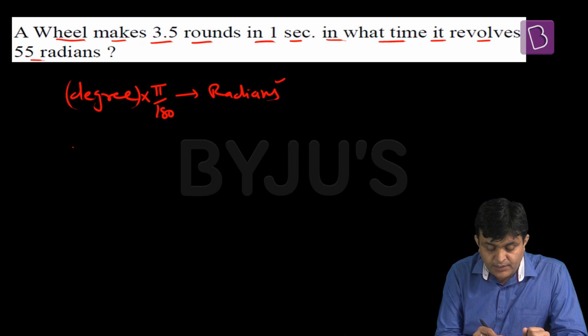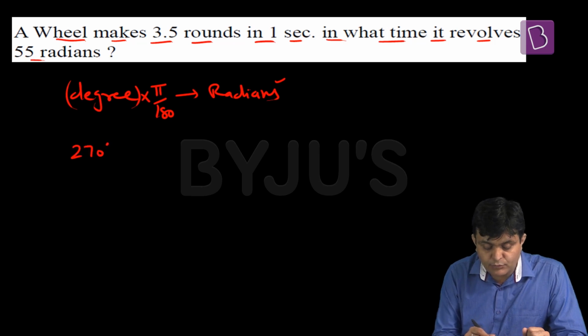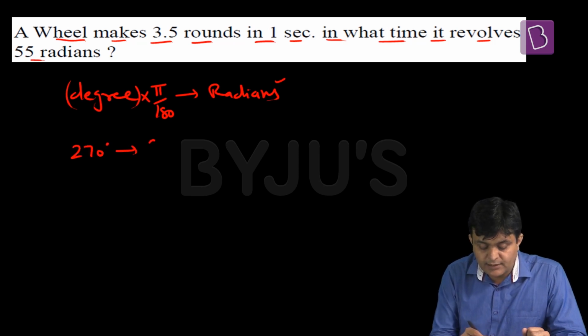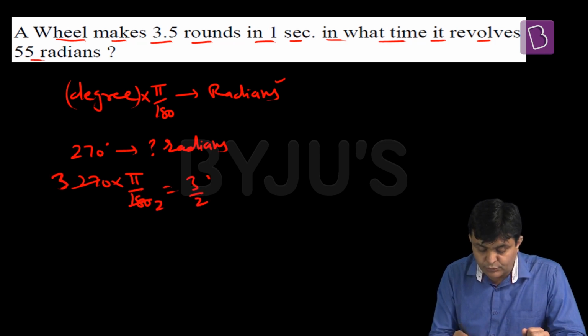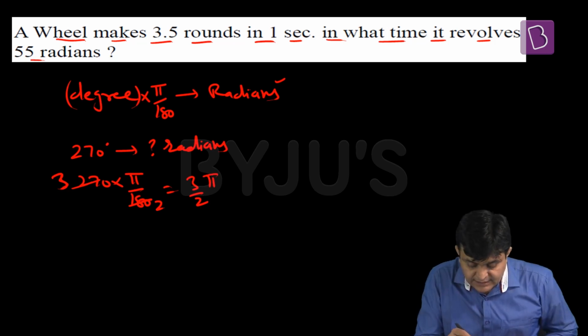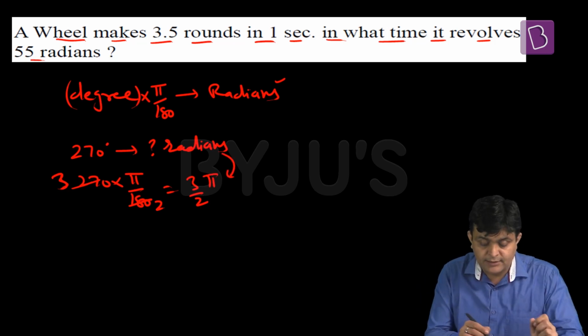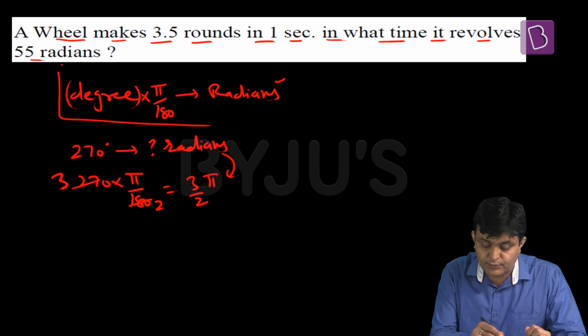For example, we have 270 degrees, then make it in radians. So 270 into pi by 180, so by 90 it is 3, 2. That means 3 by 2 pi. It is in radians now, right?